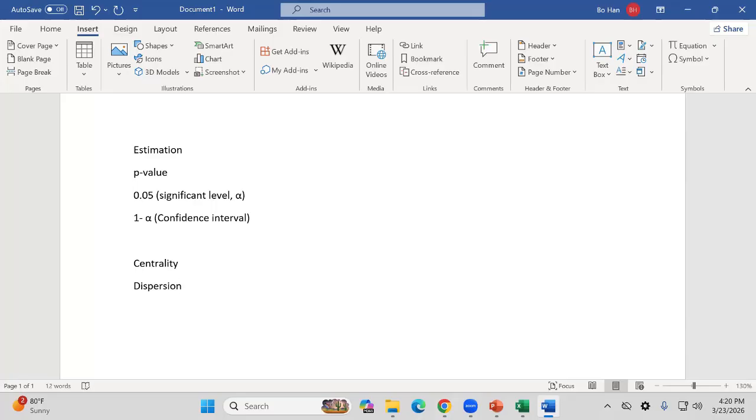Simply speaking, centrality is looking at the mean value of your data set.